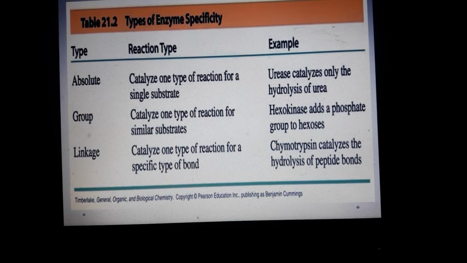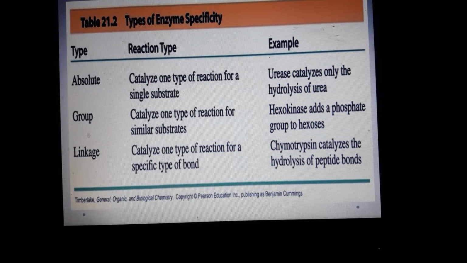Hexoses, these are fructose, glucose, mannose, and galactose. So, specific na yung hexokinase sa similar substrates. Okay, pwede yung hexokinase to other hexoses.